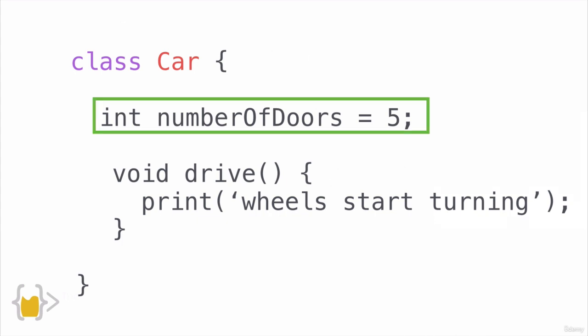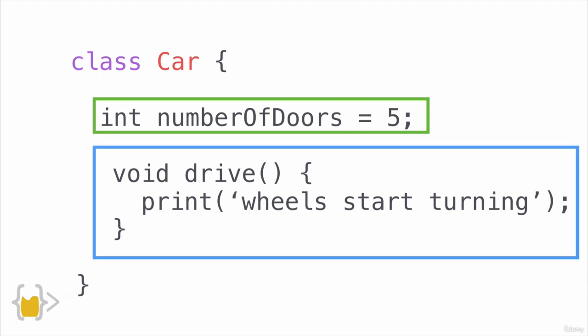So in this case, we have just a single property, which is called number of doors, and this defines a characteristic of the car. Namely, how many doors it has. This car has 5. This car also has a function called drive, and this defines a little bit of functionality for the car. So, namely, this car, when we call this thing called drive, is going to start turning the wheels, for example.